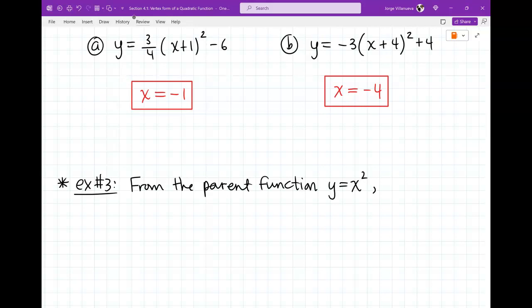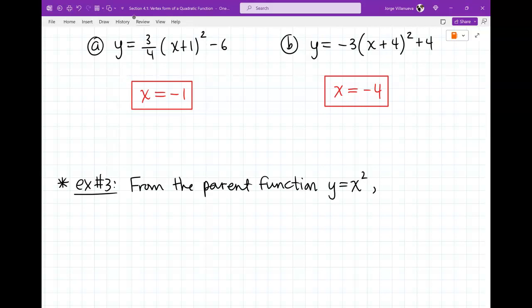In other words, y equals x squared is called the parent because from y equals x squared, I can create any type of equation. I can write y equals x squared minus 5, y equals parenthesis x minus 1 squared plus 2, y equals 1/2 parenthesis x plus 3 quantity squared minus 8. I can create so many different equations from the basic function, the parent function.